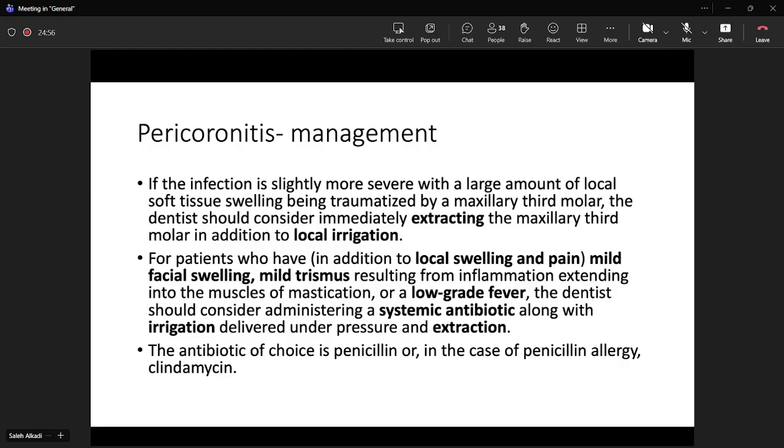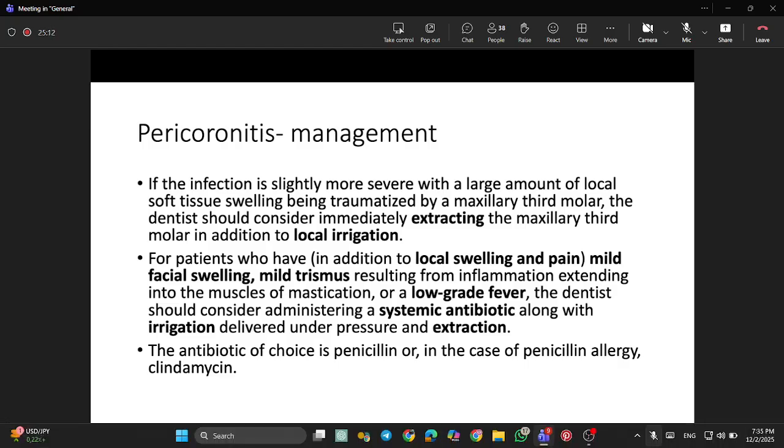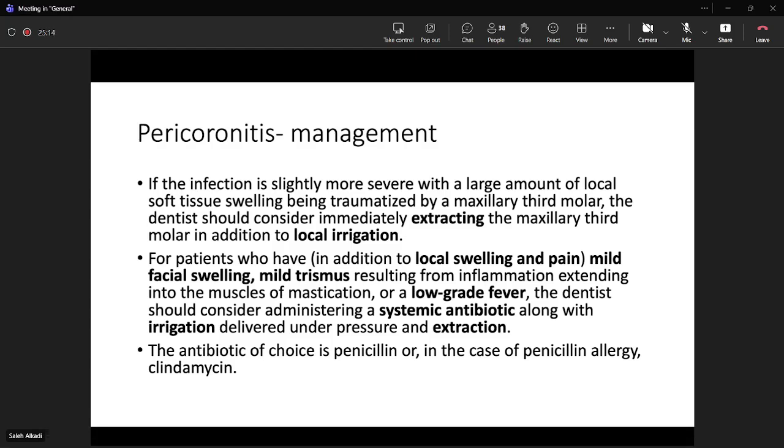If the patient presents with facial swelling, let's say mild facial swelling, with mild trismus, with limitation in mouth opening, resulting from inflammation that extended into the adjacent muscles of mastication, and the patient has low-grade fever, then you consider treating the patient at a systemic level.